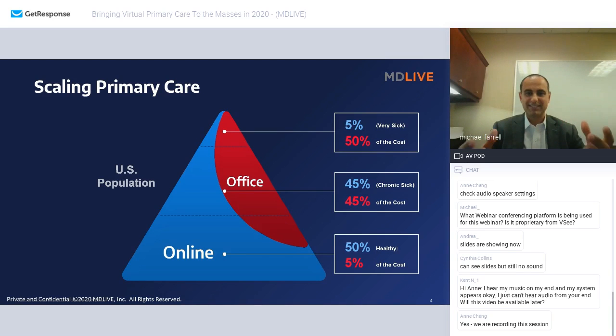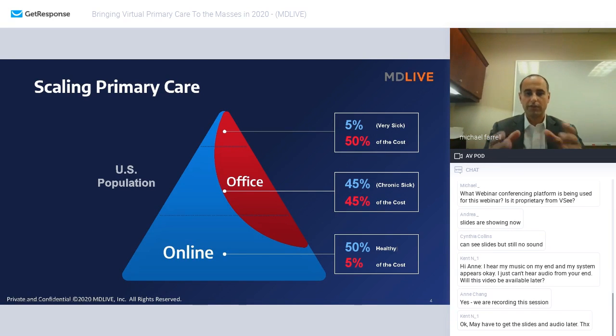But we feel that about 70% of care can be shifted to online, which would, as you can see here on the triangle, open up access into the majority of the institutions and organizations around the country to be able to take care of the sick patients and to be able to focus on those patients and have the time that they deserve.